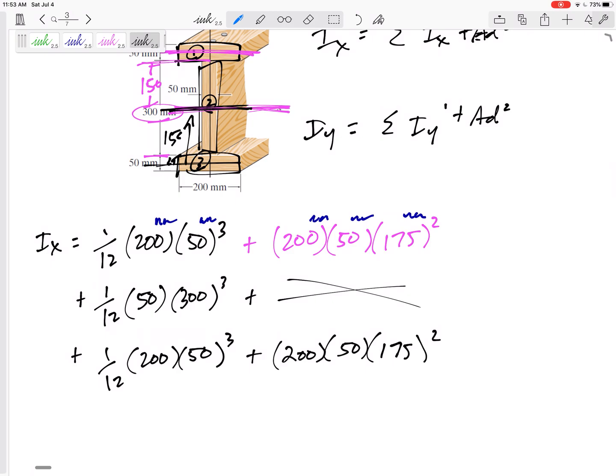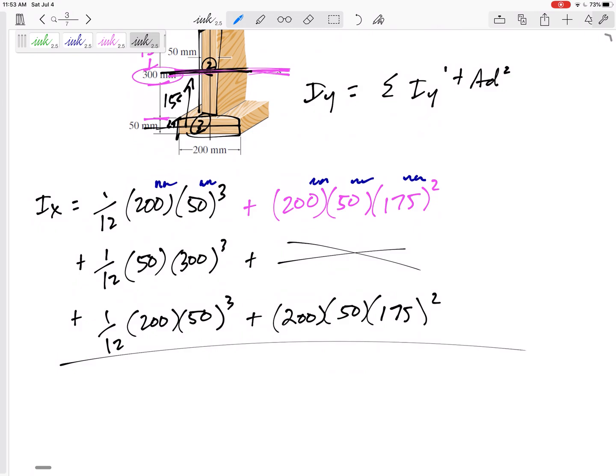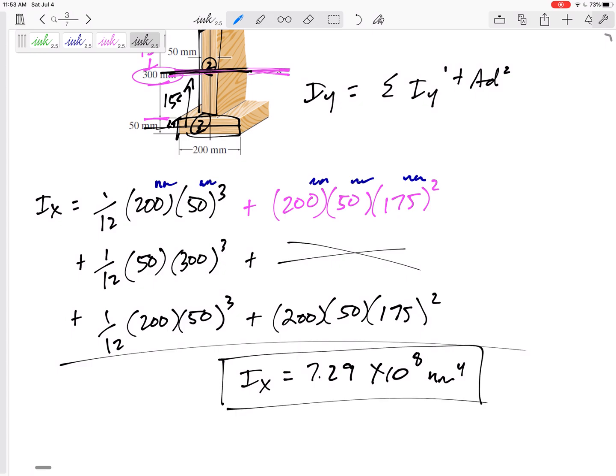If it is symmetric, I could have just multiplied that times 2 and not done this last one. Don't take too many shortcuts if you're not comfortable with it. You can just do it the way that I did. So Ix would be 7.29 times 10 to the 8 millimeters to the fourth.